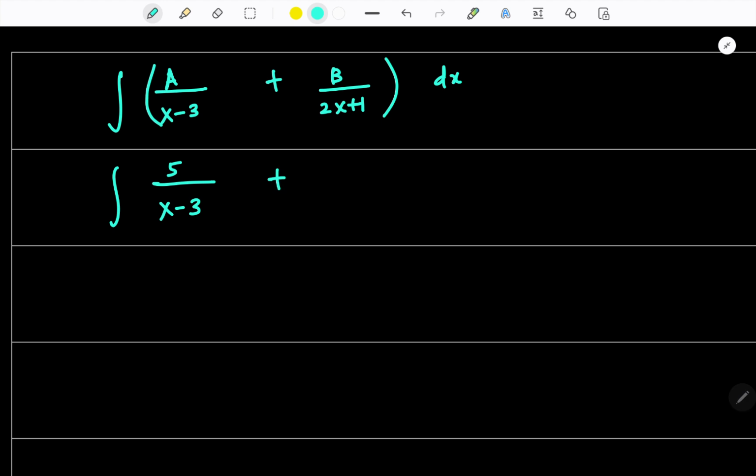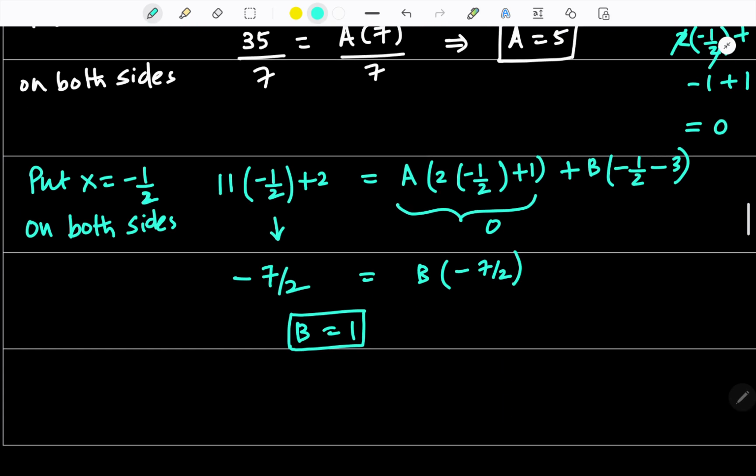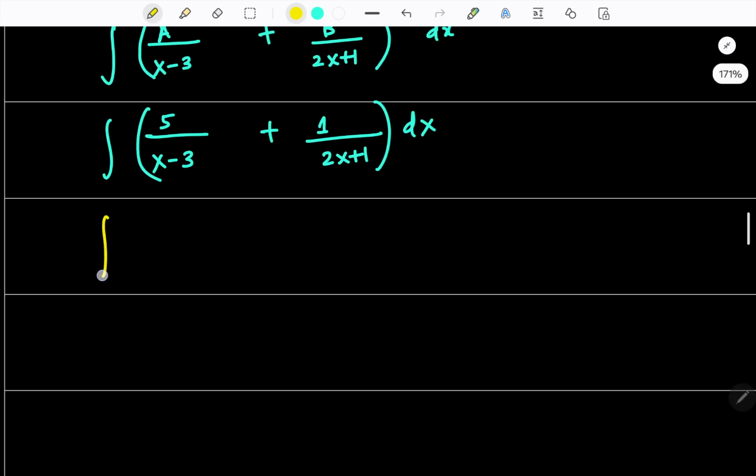And for b, we got 1, so it's 1 divided by 2x plus 1 times dx. Yes, it's 1 and 5. So this is equal to the integral of 5 times 1 divided by x minus 3 dx plus the integral of 1 divided by 2x plus 1 dx.